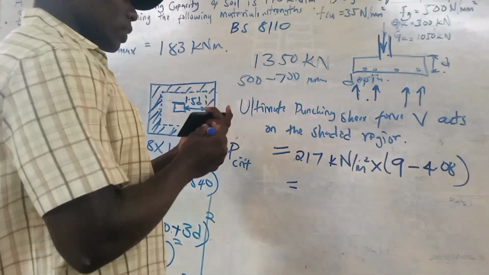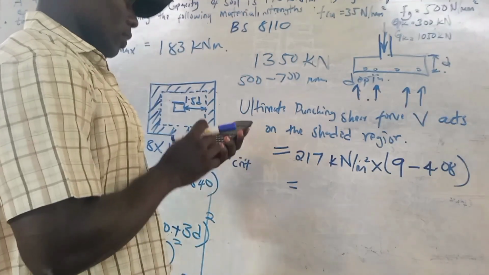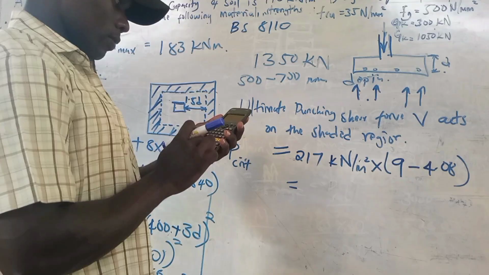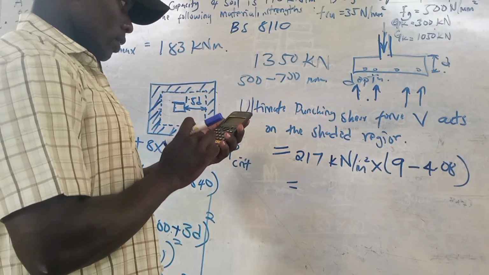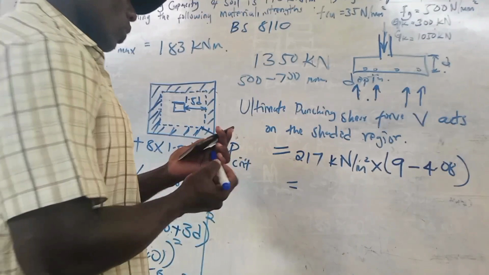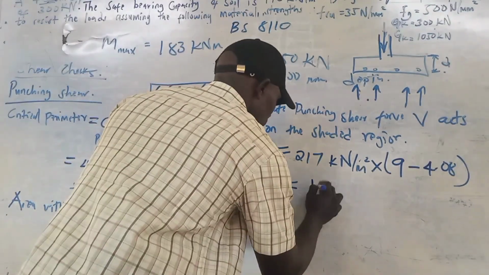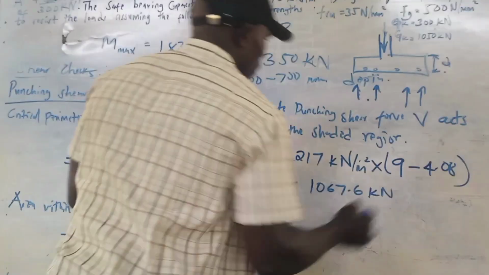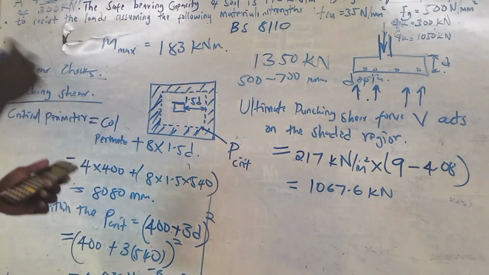So you feed that into your calculator, you are more likely to get a value close to 1067.6 kilonewtons. Okay?